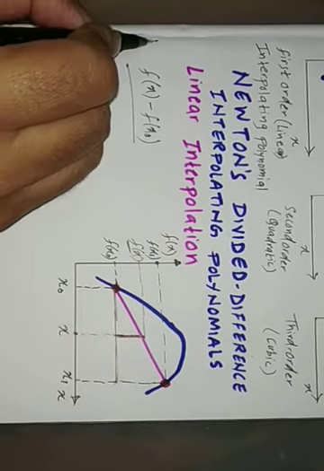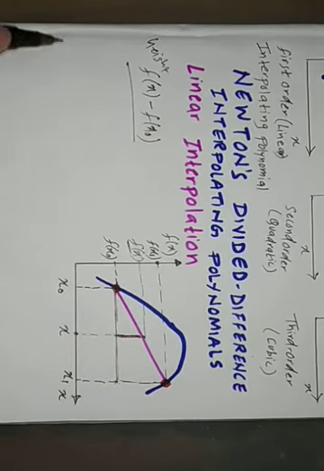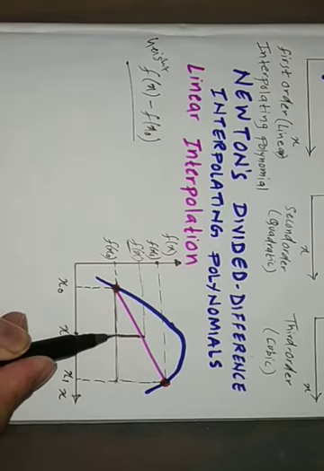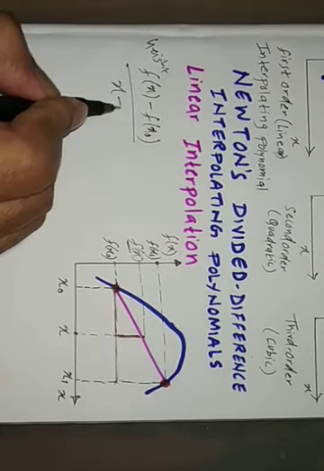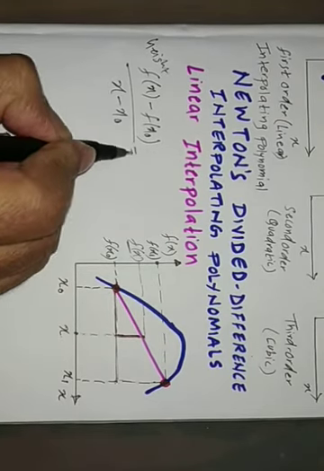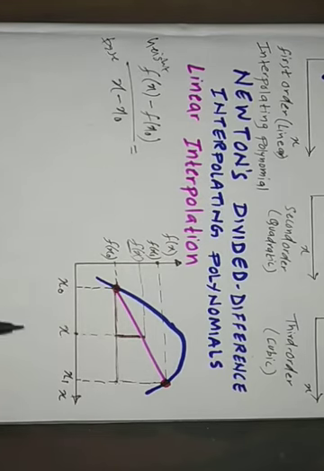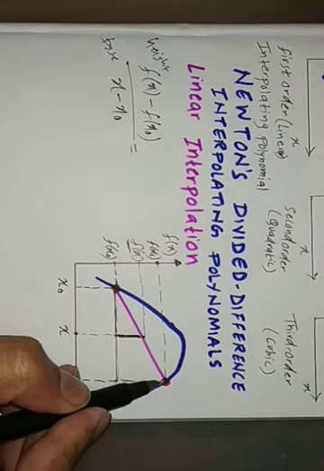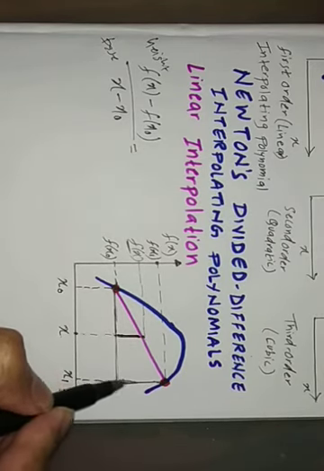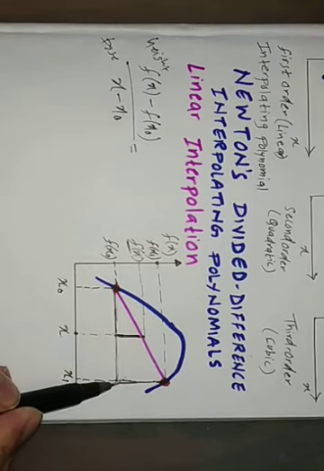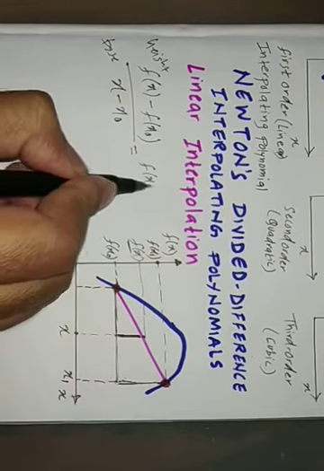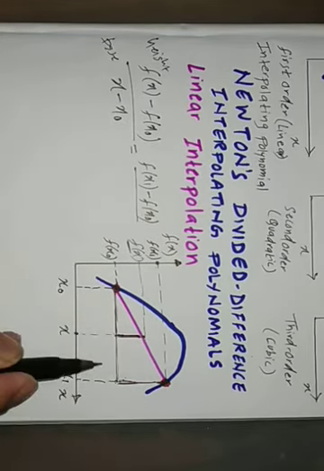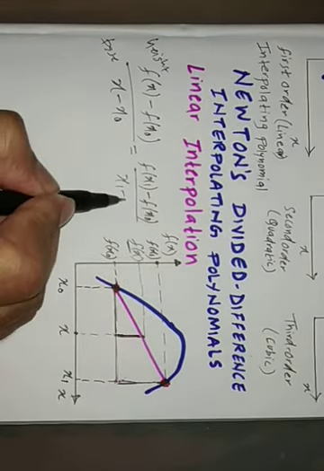The height of the smaller triangle divided by its base, x minus x0, is equal to the height of the larger triangle, f of x1 minus f of x0, divided by the base of this triangle, x1 minus x0.